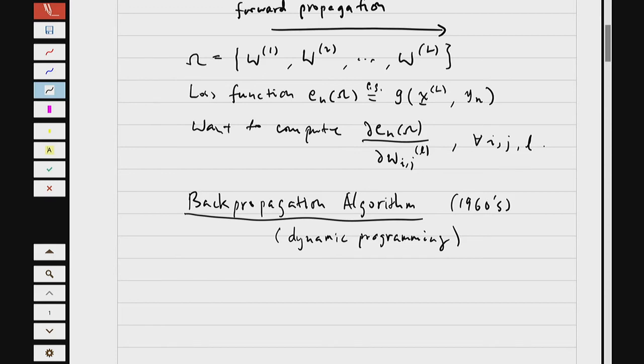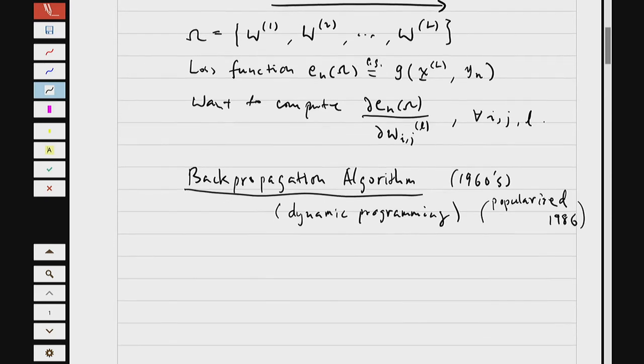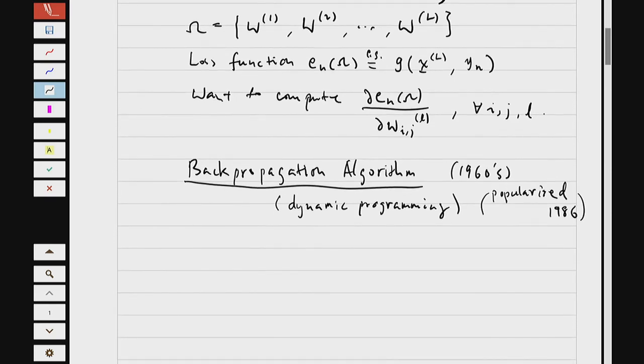It was not popular at the beginning, but it was popularized after a paper in 1986. And guess what? One of the authors of that paper is our very own Jeff Hinton. That is one of the things he has done that established him as one of the foremost pioneers in deep learning. So how does it work?